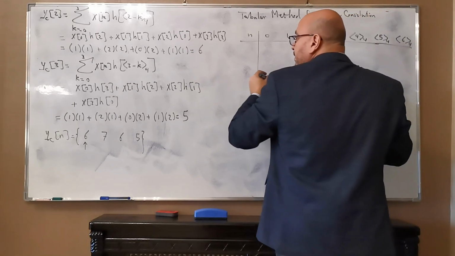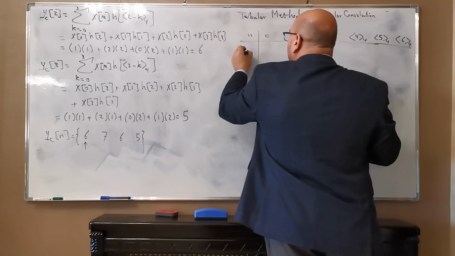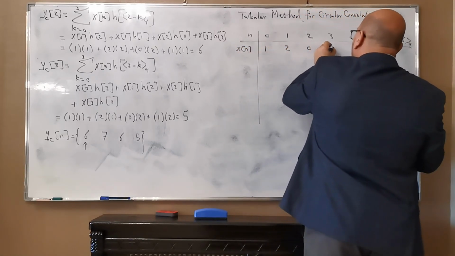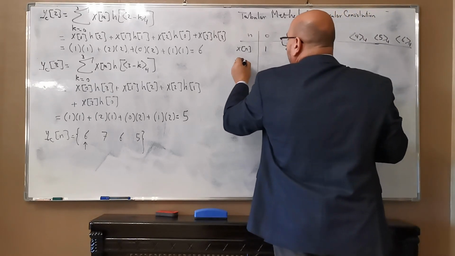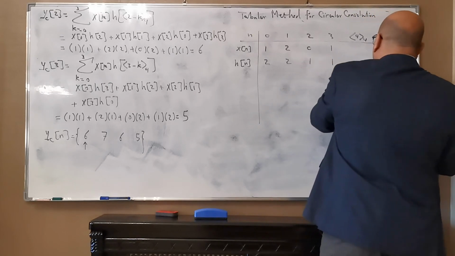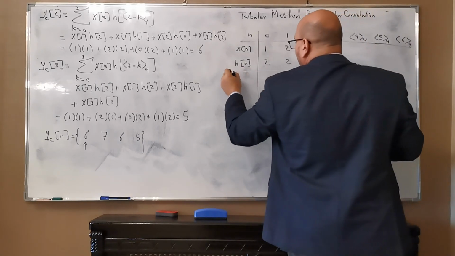Our x of n was equal to 1, 2, 0, and 1, and our h of n is equal to 2, 2, 1, and 1. And we will start multiplication.